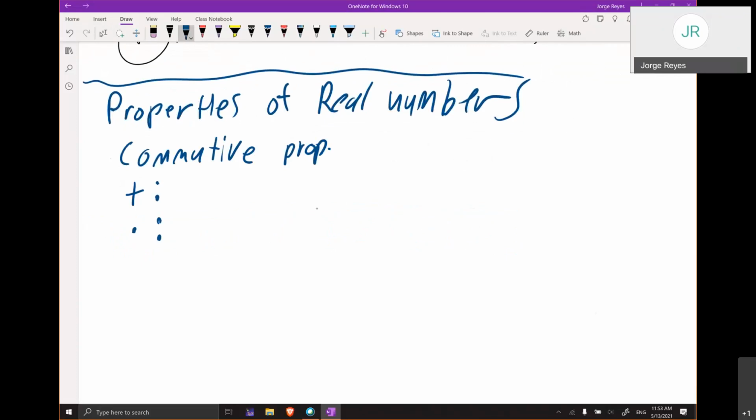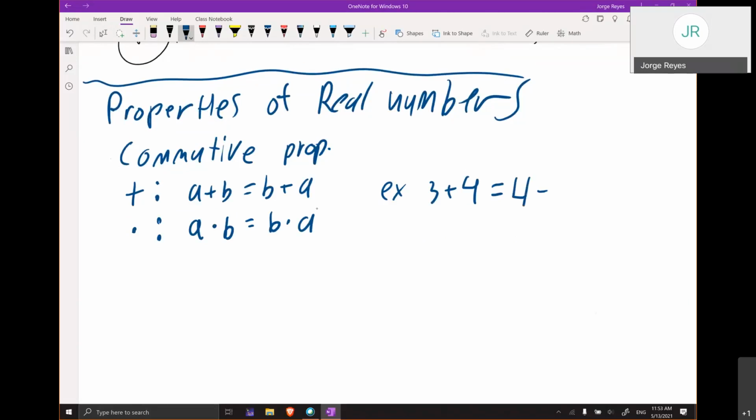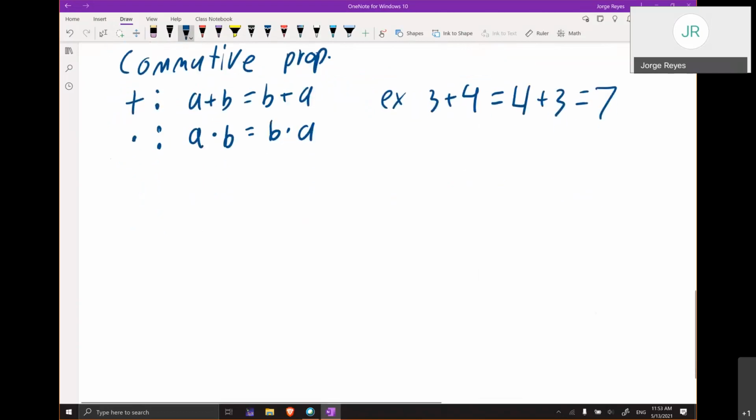This means A plus B is B plus A, or A times B is B times A. For an example, 3 plus 4 is equal to 4 plus 3, because they're both equal to 7. Not too much to say there.